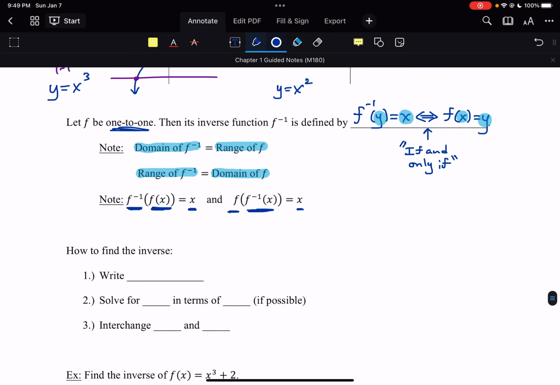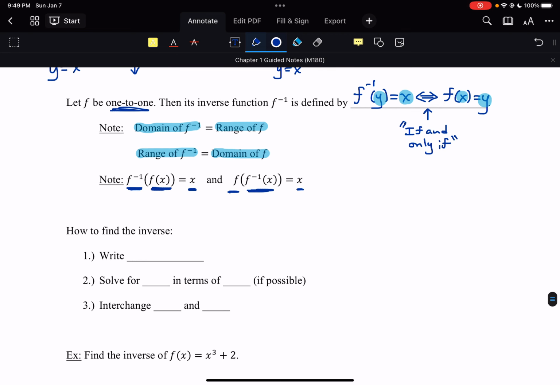Now, how do we find the inverse if we're given a function? Well, first, we're going to set up y equals f of x, so we're going to write everything out in its proper form. Since we're switching around what we're looking for, in this case y equals f of x, in the inverse we have x equals f inverse of y. So we're solving for x in this case.